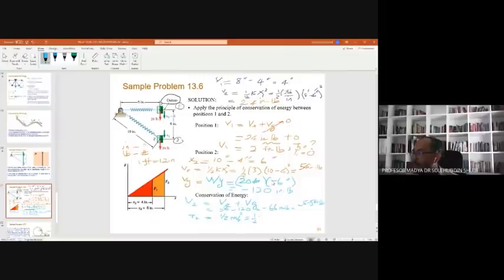To convert 20 pound to mass, you must divide by 32.2. This is in SI, and then times V2 square. So use your calculator. You're going to get in terms of V2 square.